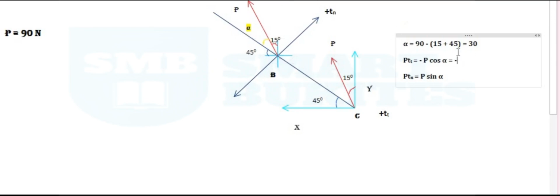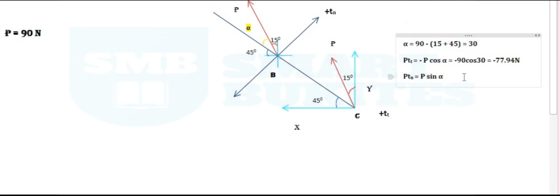Then multiply by our P, which is 90 minus 90 cos our angle 30, and this will give us a negative 77.94 Newton.